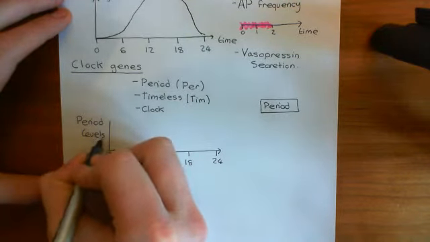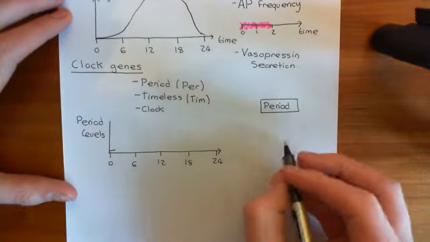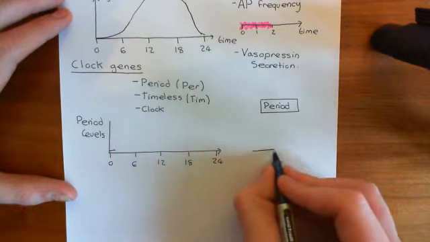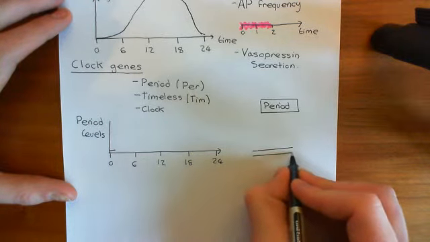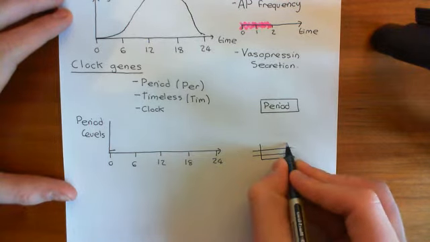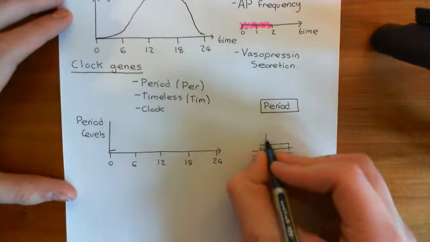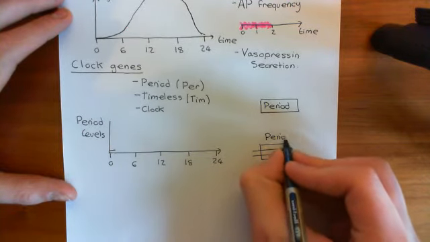So we start off with low levels, and if you have low levels of period, the gene for period, so let's say we've got a period gene here, you will get a large production of mRNA from the period gene. Here is the period gene. I think I'll add some colour on here.